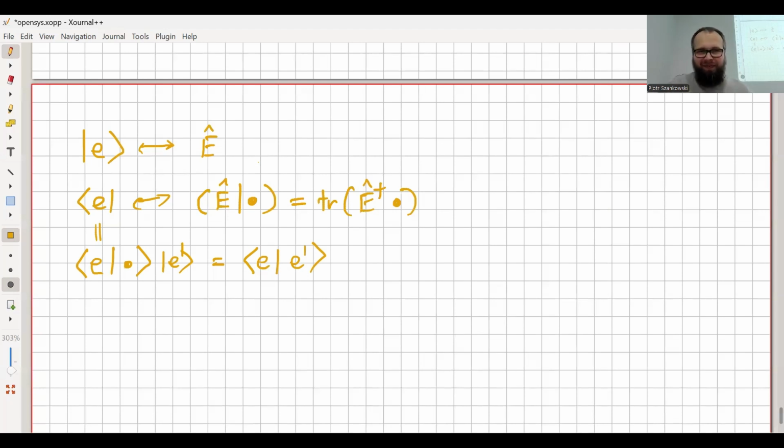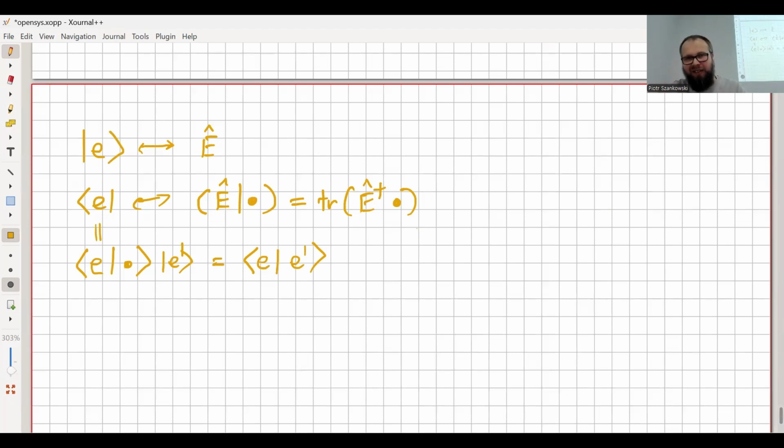So this is vector ket, this is dual vector bra. So this would be a vector in our operator space, and this is a dual vector in our operator space, which explicitly is just a half of the scalar product. So it becomes a superoperator that is a half of the scalar product.